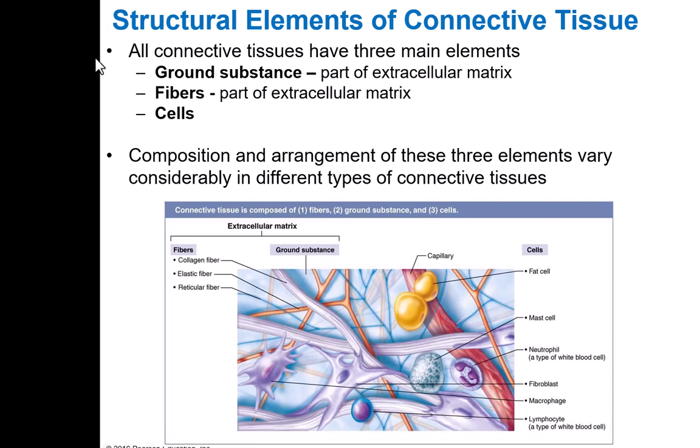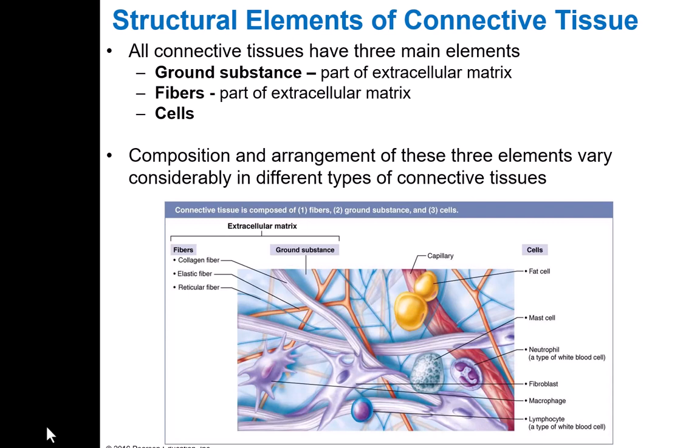Depending on the type of connective tissue you're talking about, that will dictate what types of cells and what types of fibers you're going to find. There's also something in connective tissue called ground substance, and that's part of the extracellular matrix.